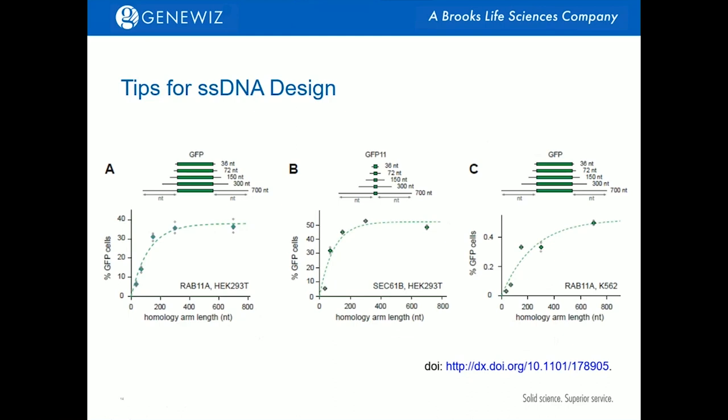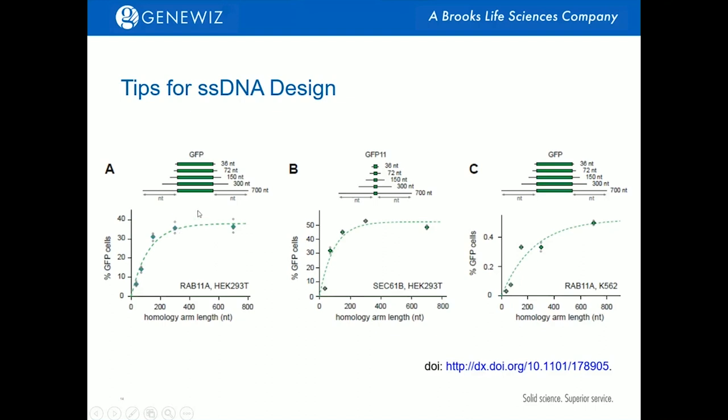These examples show some further tips for how you design single-strand DNA. As we said, in general, the homology arm of single-strand DNA can be shorter than when you're using homologous recombination strategies. But still, the optimal length you have to determine through your verification and optimization. For example, in HEK293 cell lines, when you knock in different lengths of insert, the optimum homology arm is different.